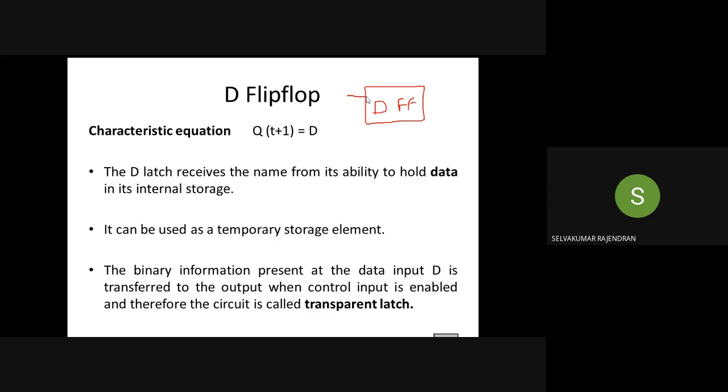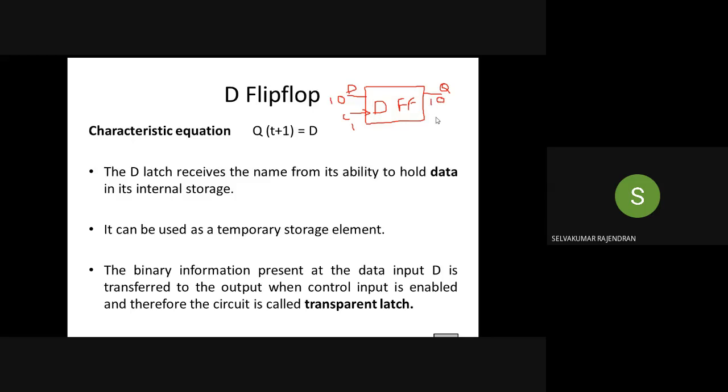This is the D flip-flop. Here I am applying data input D, and here I am taking the output Q. Whenever the clock control signal is enabled, whatever data is applied on the input line D will be reflected in the output Q. If you apply 0 here, you will get 0 on the output line Q. If you apply logic 1 here, you will get logic 1.